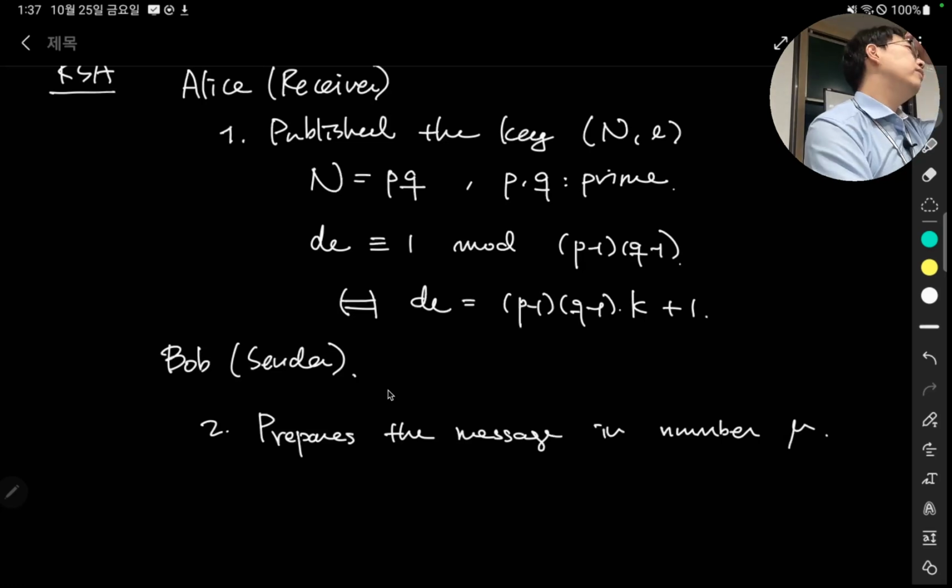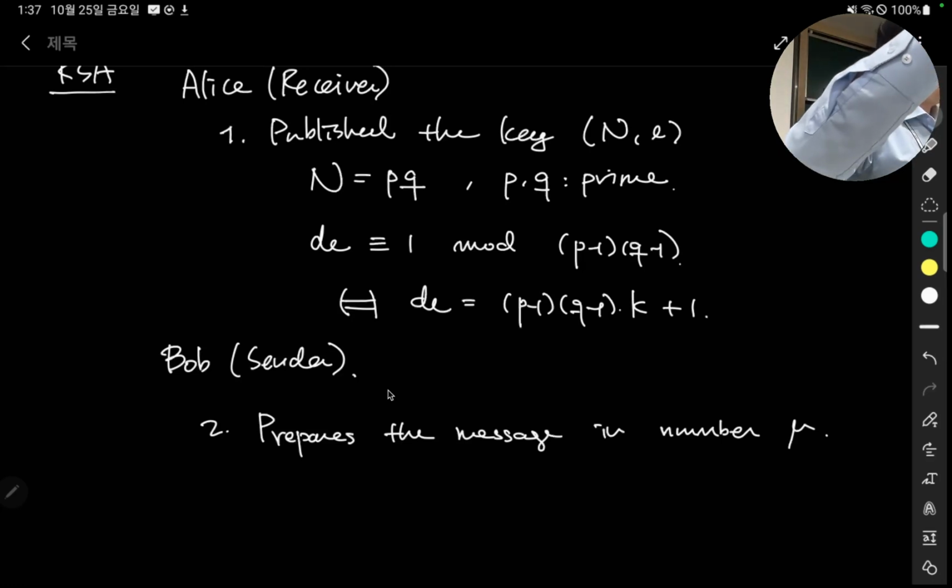So how do you transform your message into a number? It's easy. If you have a string of characters, you use ASCII code, whatever, so you can map each letter to a number, and then you simply put the numbers in a sequential order, or you can make every number into binary digits of an 8-bit number or 16-bit number, and then you just make a big chunk of strings of zeros and ones.